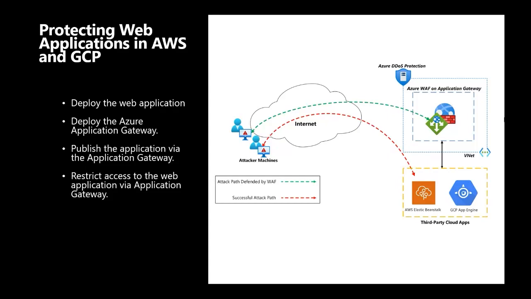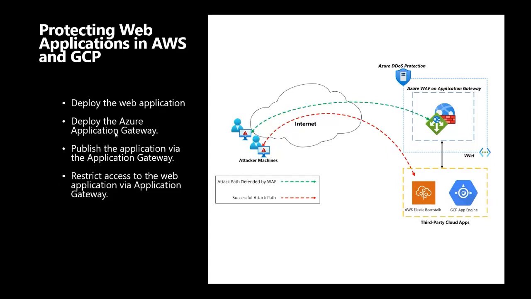So of course, this is going to be stopped. Whereas if there's no protection, you do run the risk that these applications are going to be attacked and they will go down.